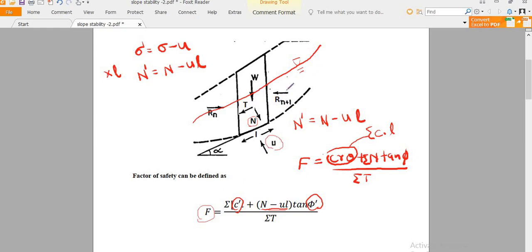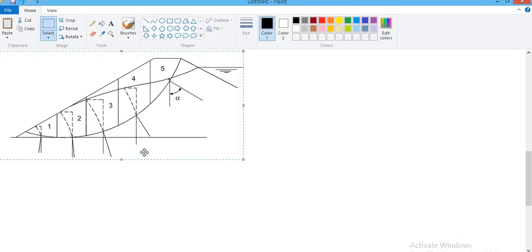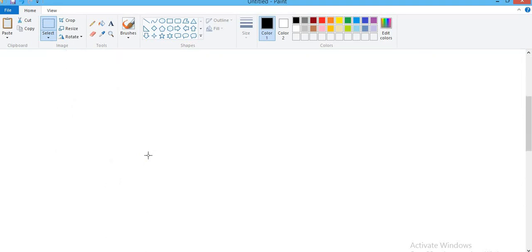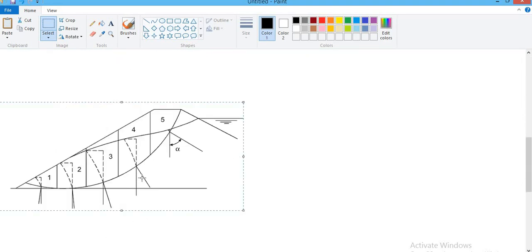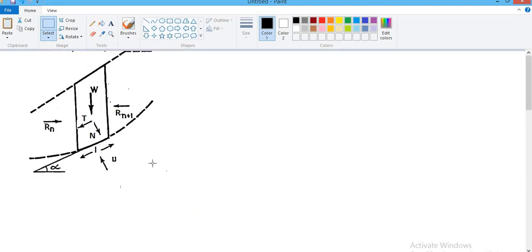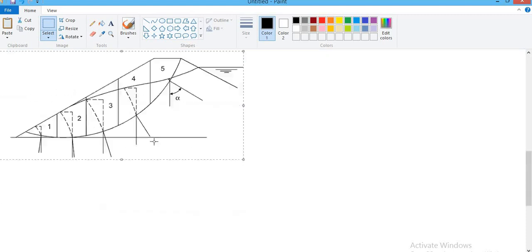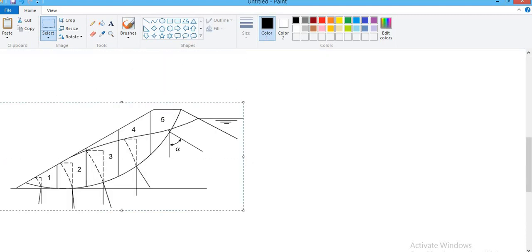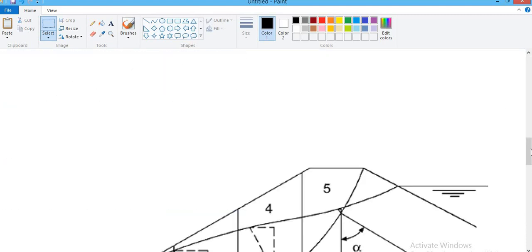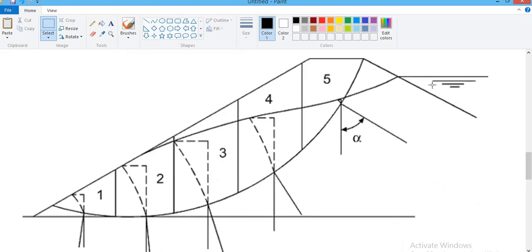This U now depends on, let's say, this. So this is an example, an embankment.